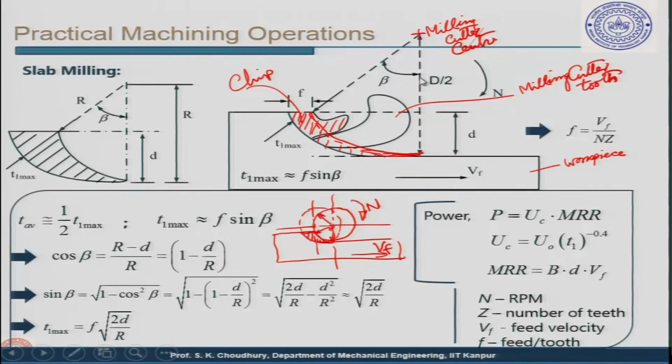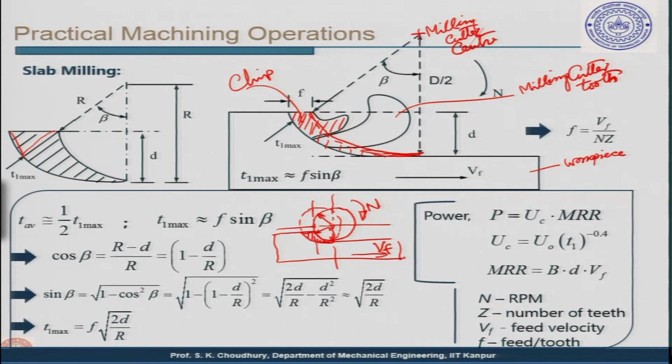Now, in case of grinding, we will see that this becomes the same thing, that it goes from 0 to T1 max, and the T1 average is taken as half of the T1 maximum. Okay. Now, T1 maximum, which is here, if this angle is considered to be beta, then T1 maximum you can roughly find out from this triangle, if we approximate this as a straight line.